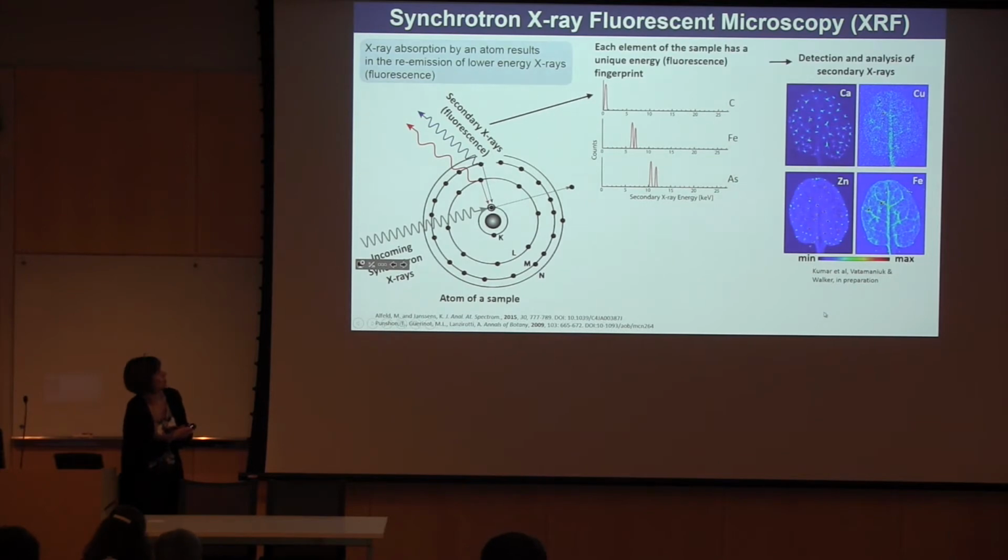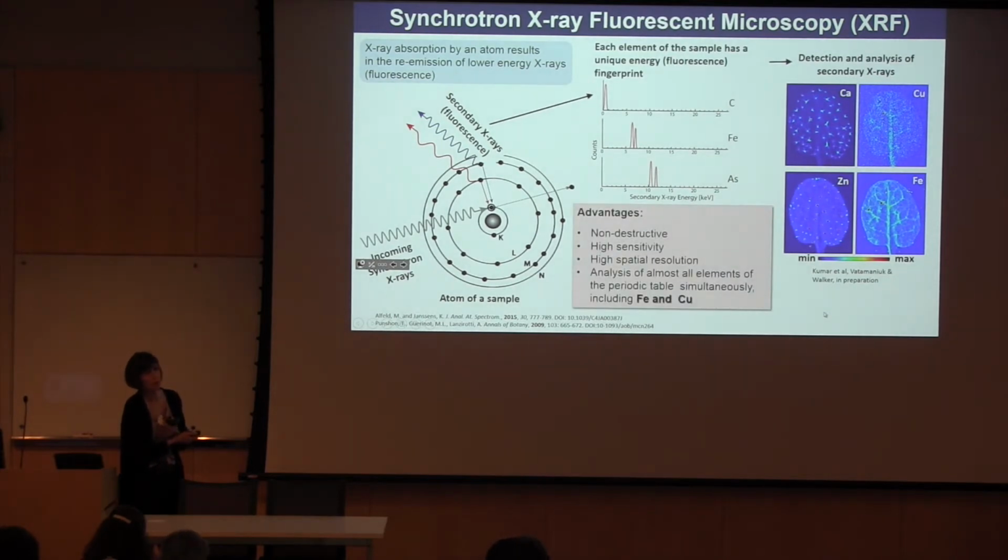So basically, the advantages of using XRF over other imaging techniques: well, first of all, it's incredibly sensitive. We can visualize micronutrients such as copper, which is present in plants at single-digit ppm, and in mutants even below ppm values. So we can still do that. Also, an excellent feature of this technique is that it's not destructive.